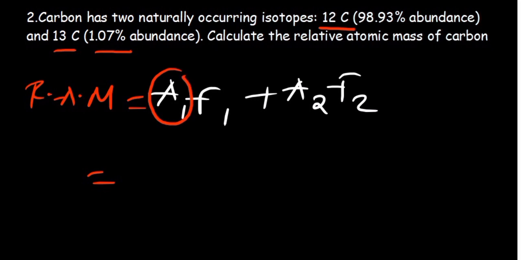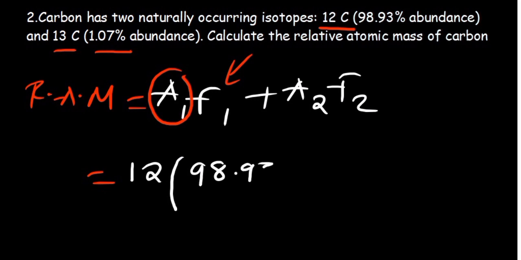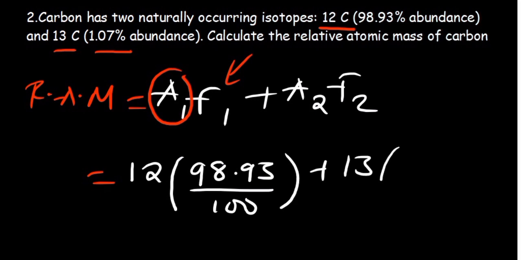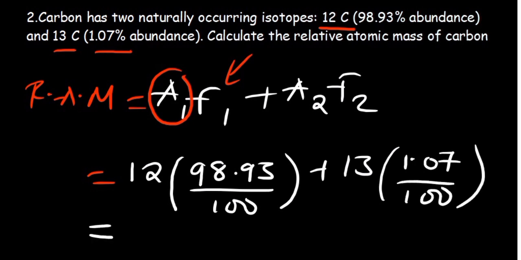Then the F in this case denotes the abundance in percentage. So for the first one, we have 12, carbon 12. The percentage is what? 98.93 over 100. Plus, the other one is carbon 13 with a percentage of 1.07 over 100, right? So grab your calculator there and determine the relative atomic mass.